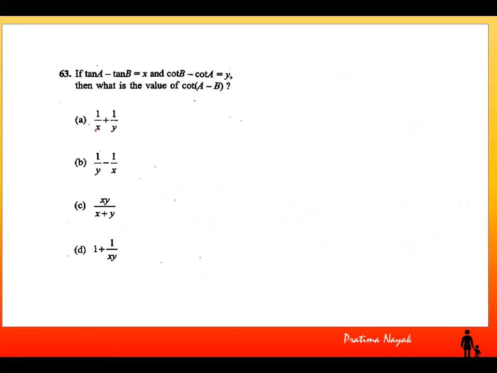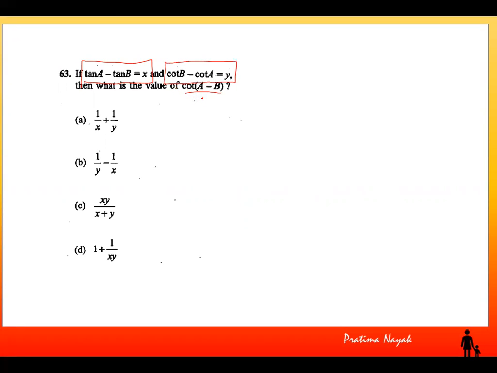Now 63. If tan A minus tan B is equal to x, cot A minus cot B is equal to y, what is the value of cot A minus B? So tan A minus tan B is equal to x, cot A minus cot B is equal to y.